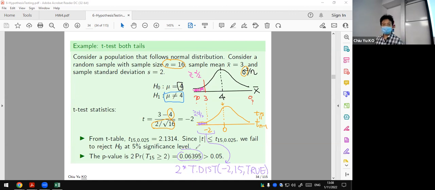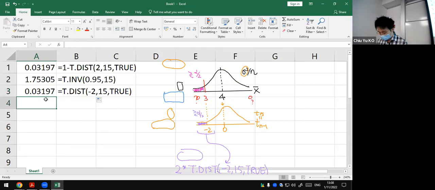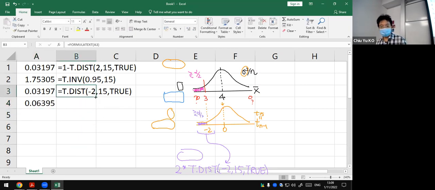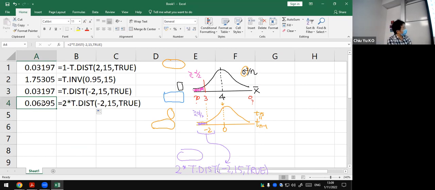So maybe I show you the Excel again. T.DIST, -2, 15, TRUE. As you can see, this number is bigger than 5%.